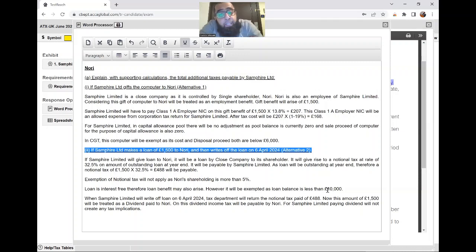Now, part 2. If Sapphire Limited makes a loan of 1,500 to Nuri and then writes off the loan on 6th April 2024. Again, if a closed company gives a loan to its shareholder, then a notional tax of 32.5% is payable.